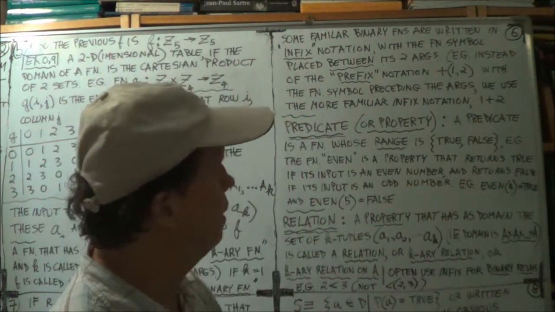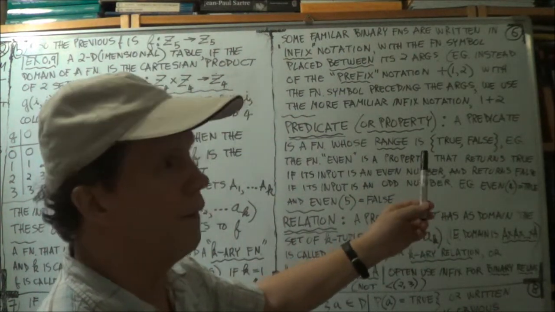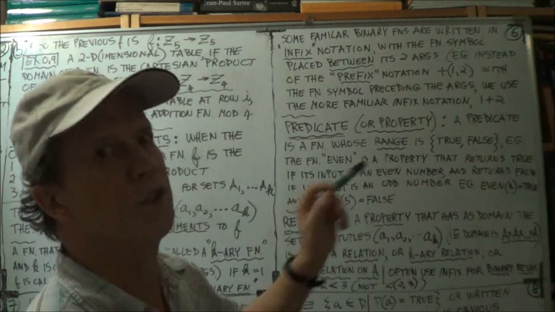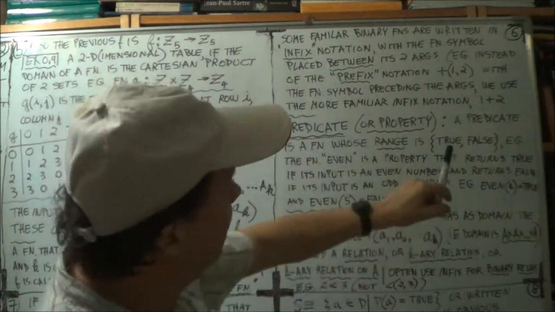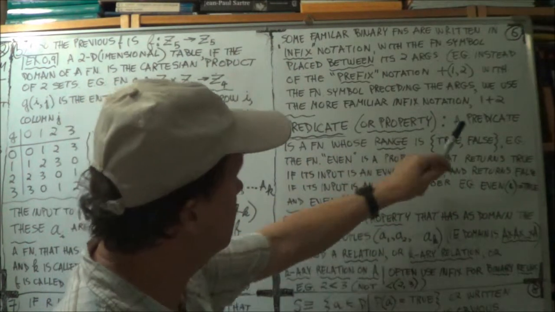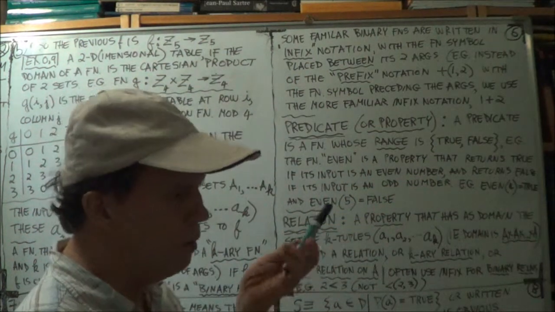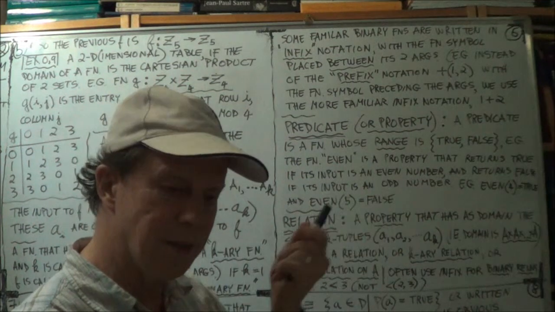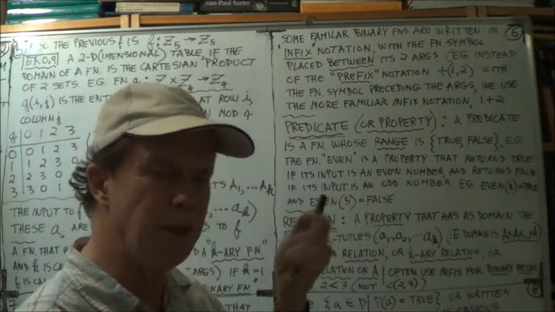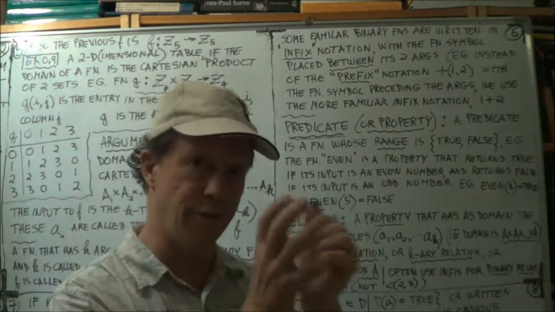either true or false. In other words, its range, the set of output values, the set whose output values belong to, strictly speaking, is a bit different, like I was saying earlier. Okay, so a predicate is a function whose range is this set, true or false. In other words, it's a function that decides whether something's true or false, depending on the input. Okay, so think of a predicate as a function.